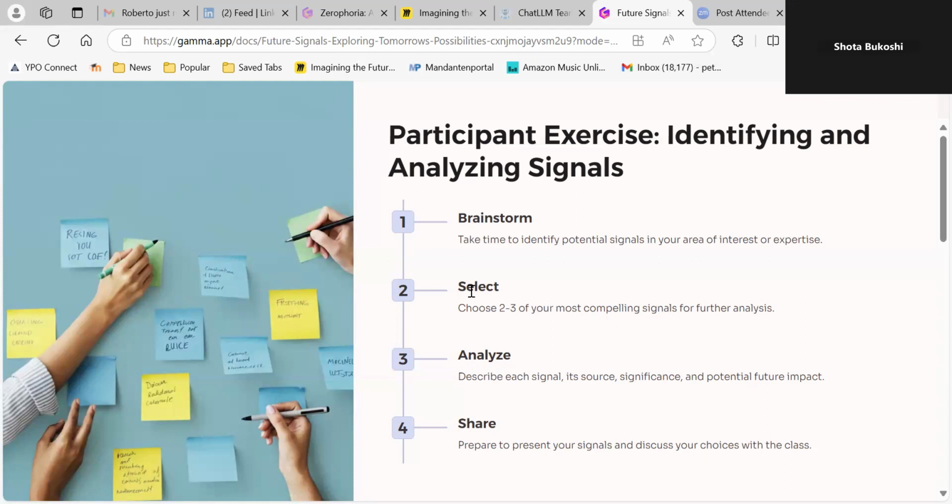I'm wondering, because when I'm trying to identify a signal, especially in the political and societal sphere, I always feel like, oh, this is not a novelty, because there are these kinds of repetitions in society.